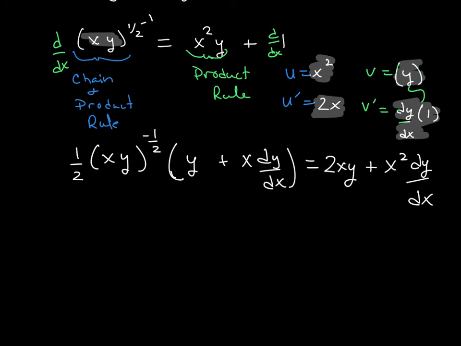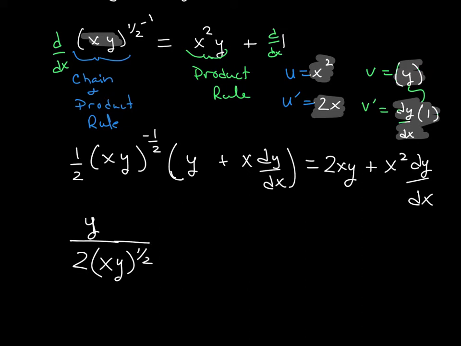I'm going to simplify this first by taking this first term and rewriting it as 1 over 2 xy. I'm going to write this as to the 1/2 power, but you could also write that as a square root if you wanted to. I'm taking this and I'm going to multiply it times y, which will give me a y in the numerator.